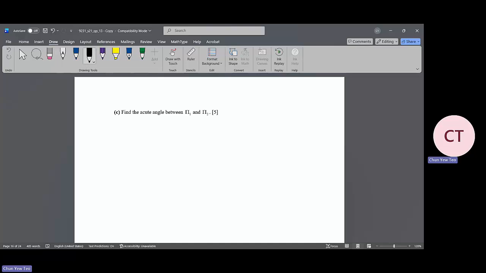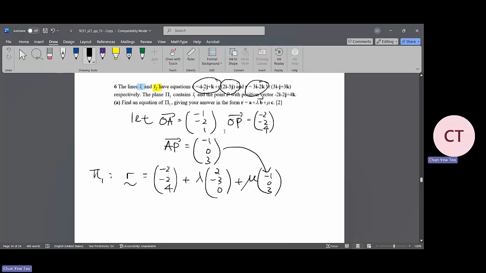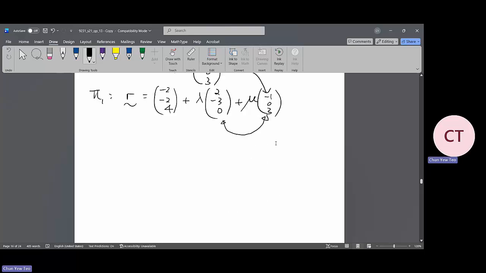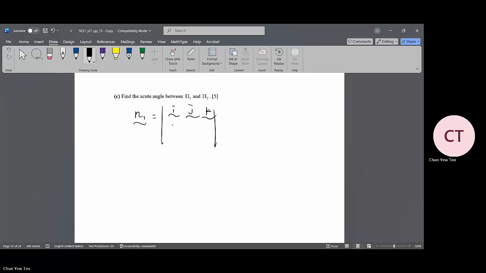To find n1, you just need to take the cross product. Just go back to part A. So n1 is these two vectors, you cross together to get n1. 2, -3, 0 and -1, 0, 3.